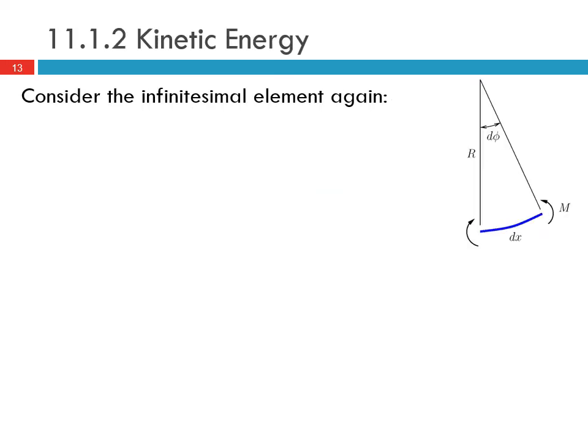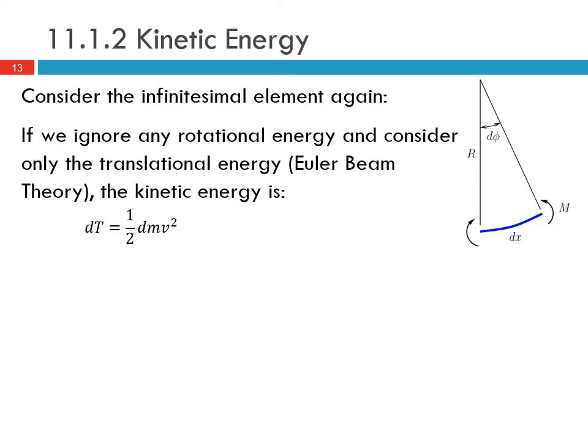Now to get the kinetic energy, we consider the infinitesimal element again. And if we ignore any rotational energy and consider only the translational energy, which is basically the Euler beam theory, then the kinetic energy in this element is dT is equal to 1/2 dm v squared, where dm is the density times the cross-sectional area times the length, so rho A dx.